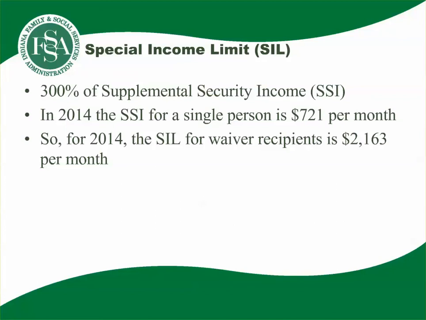So in 2014, the SSI for a single person is $721 a month. So if we multiply that times 3, that gives us a SIL for waiver recipients in 2014 of $2,163 a month. So as long as the individual's income is below that and they meet the asset guidelines, they could be eligible for Medicaid.